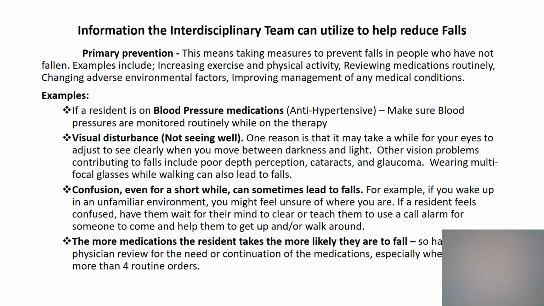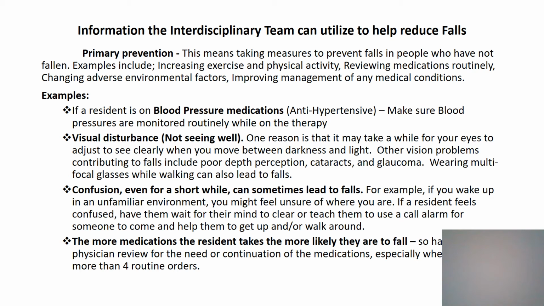Some information the interdisciplinary team can utilize to help reduce falls. Primary prevention. This means taking measures to prevent falls in the people who have not fallen, and some examples could be increased exercise and physical activity to the point where they're able to do that.